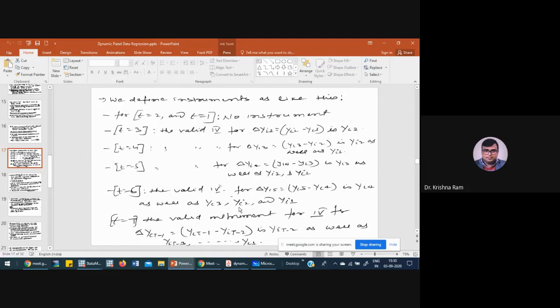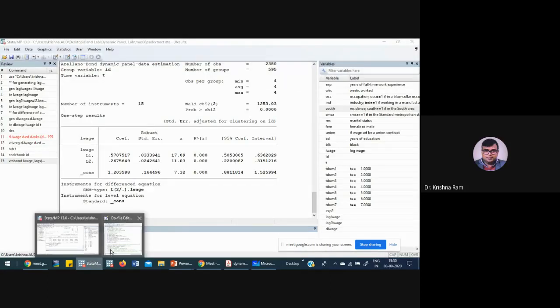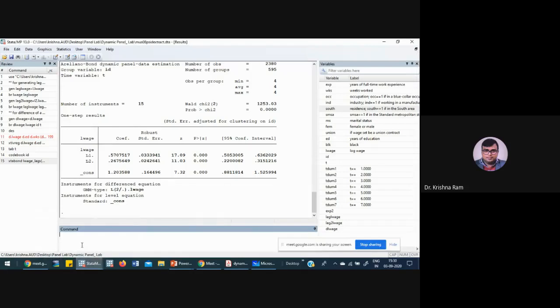And 1 instrument is the intercept, which becomes an instrument for itself, or 1 instrument for the constant. So the total instruments used by this model is 15. That's why you are having 15 instruments here.